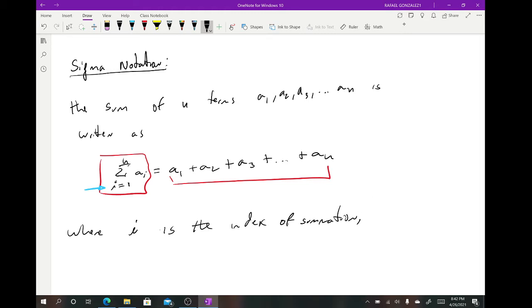Sometimes you may see k used as the index, so it's very common to see i, k, n. n is also another index that gets used a lot. So this is the index of summation.